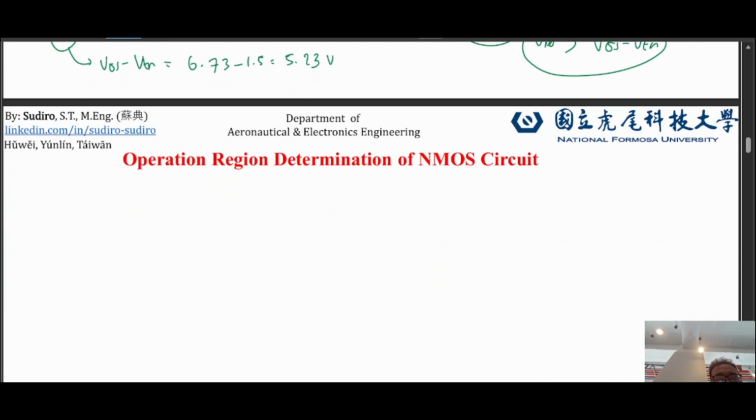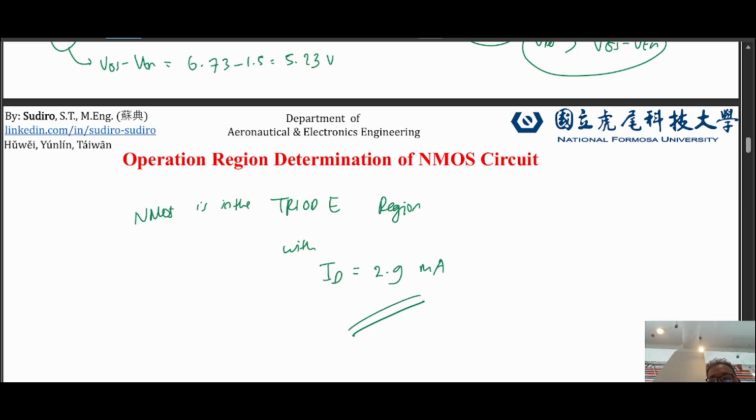So the conclusion is NMOS is in the triode region with ID equal to 2.9 milliampere.